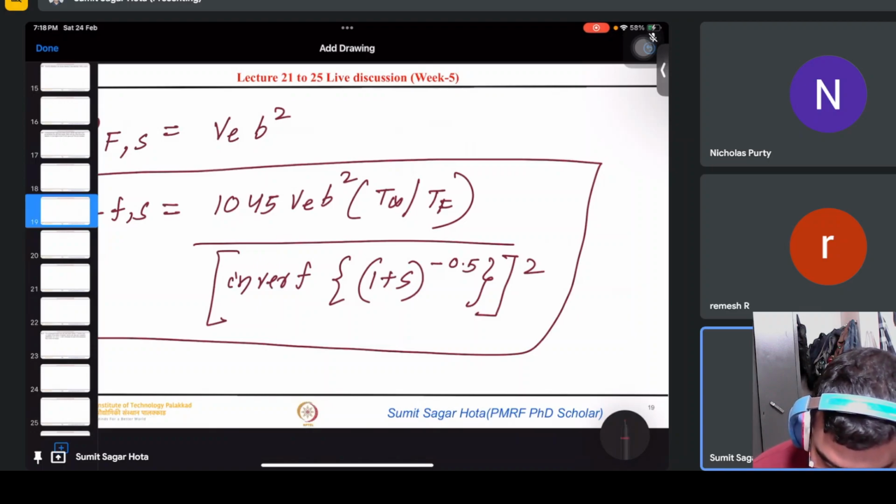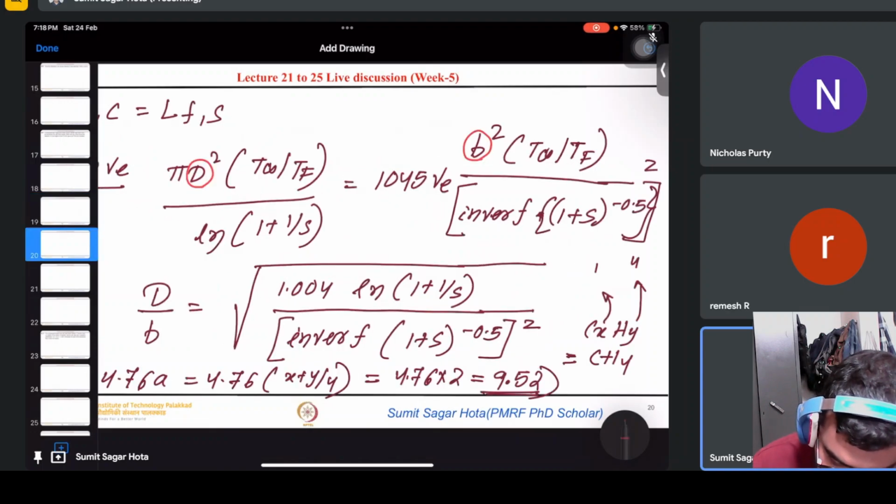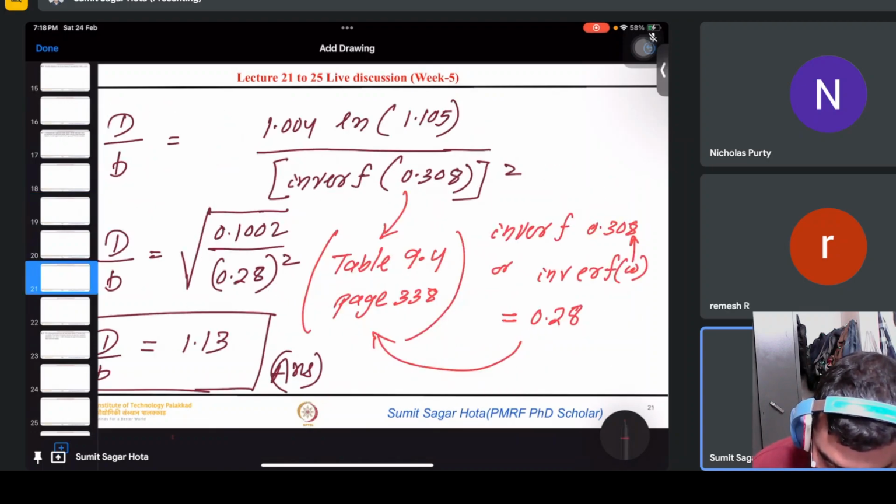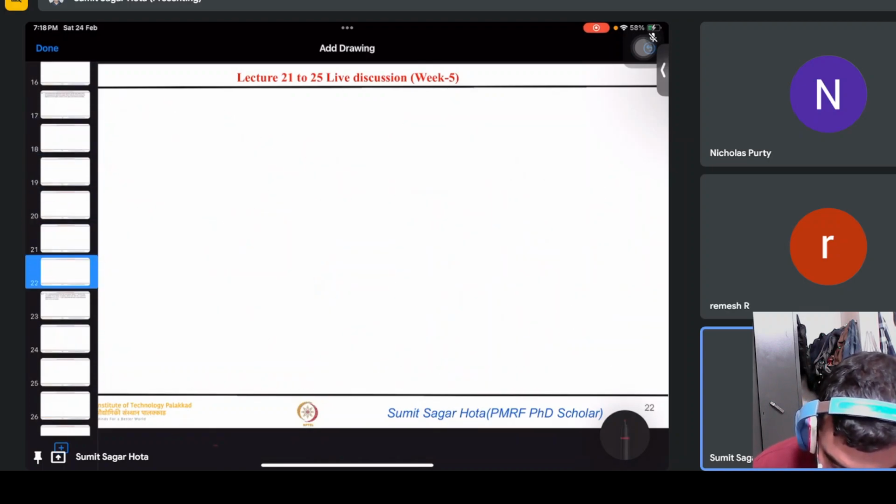Infinity and everything they will give, and then they will tell you to find out your flame length, or they will tell you to find out V. Very easily solvable. These are short questions, problem related questions.